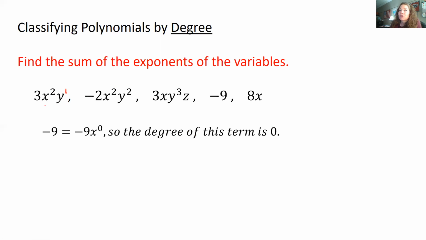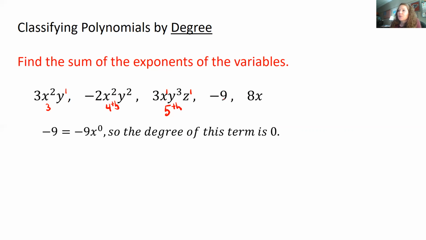So you would say that this is a 3rd degree monomial. Okay, the next one, we have a coefficient of -2, but when we add the exponents on our variables, this is a 4th degree monomial. Here we have 3, 4, 5. So this would be a 5th degree monomial.